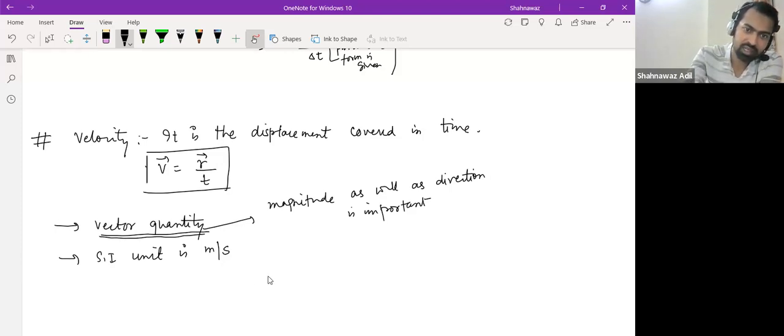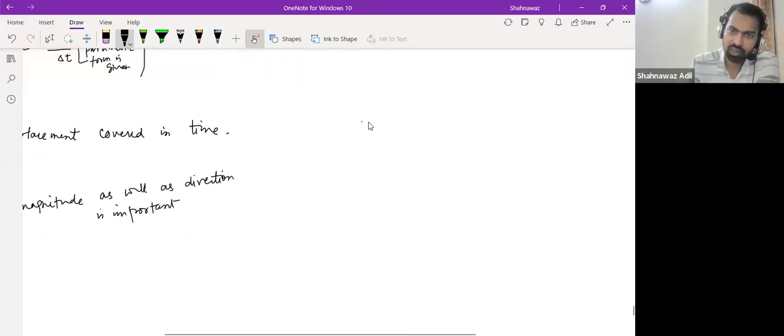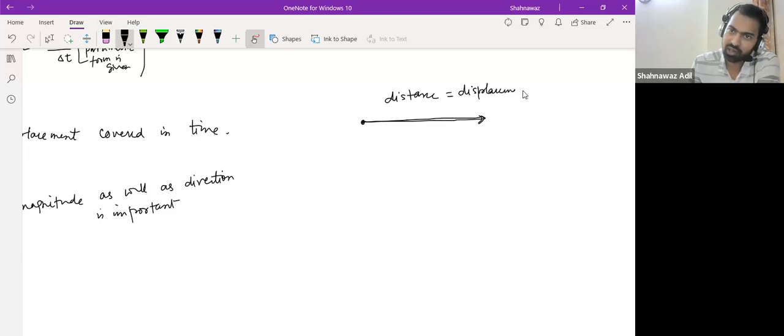So let's say that we are moving in this way. This is motion in one dimension, right? So the magnitude of distance would be equal to displacement, if I am moving in the same direction in 1D. Is that clear?